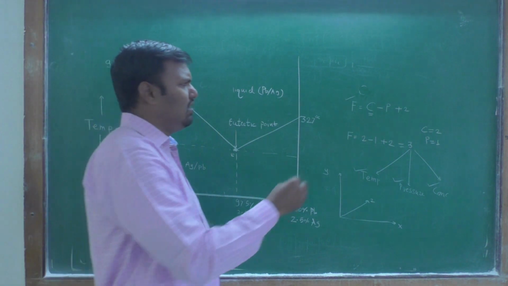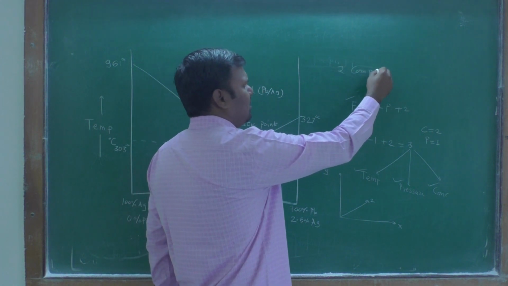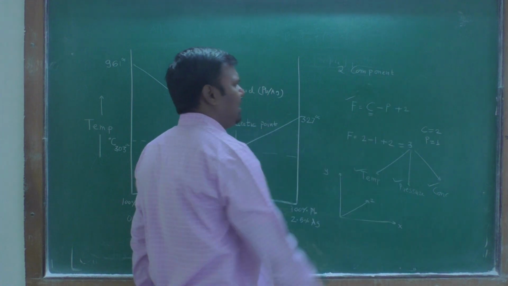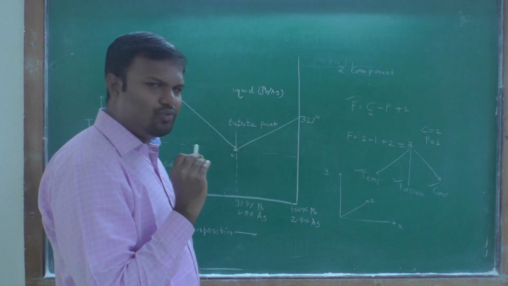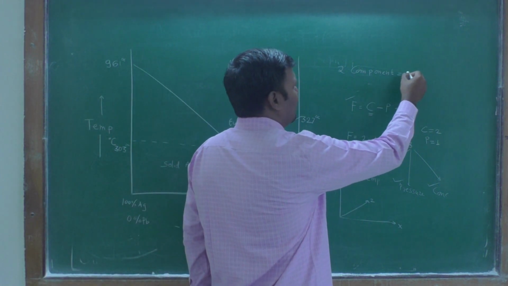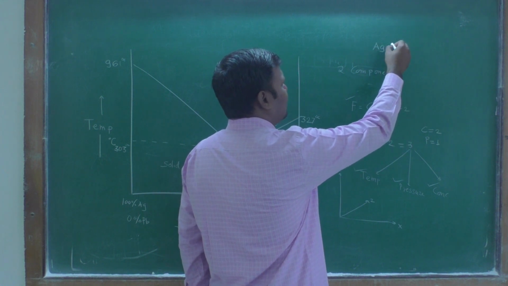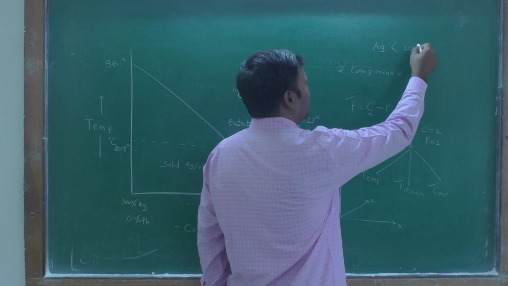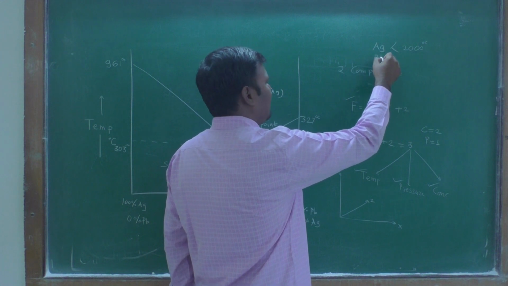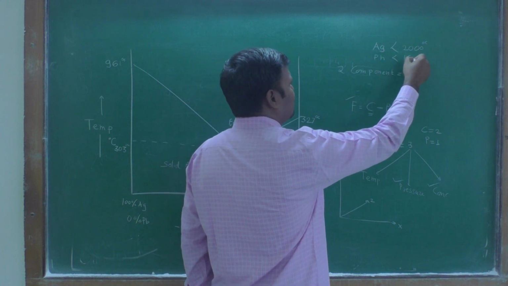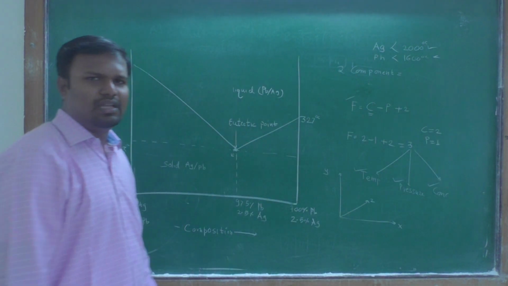Practically, when you have a two component system with an alloy like Ag and Pb, silver and lead, when you mix them, the boiling point of Ag is more than 2000 degrees Celsius and the boiling point of Pb is more than 1600 degrees Celsius. These are round figures I have given, not exact boiling points.